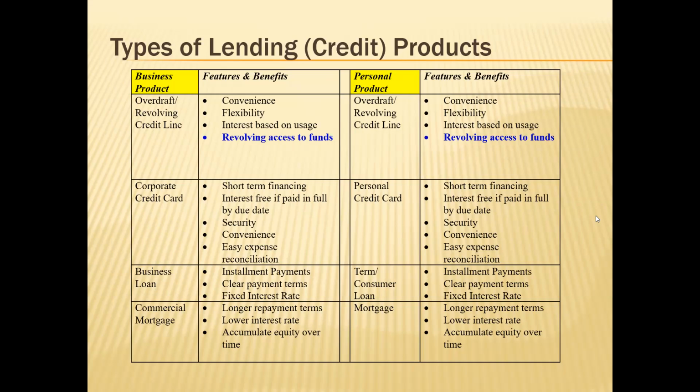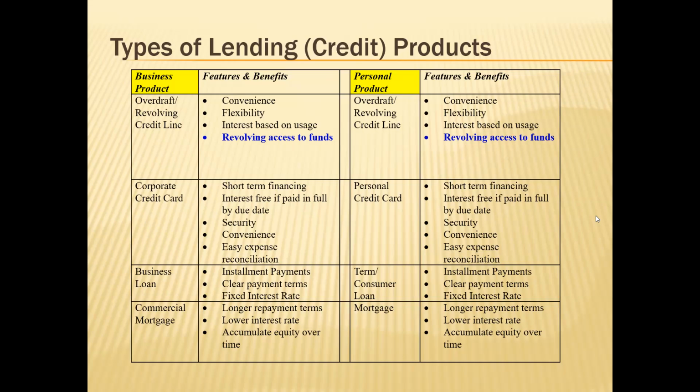And there's a fixed interest rate. So, you know, these are pretty much straightforward vanilla type credit facilities. So you have installment payments, clear payment terms, fixed interest rates. Okay, it's not revolving and up and down like your overdraft or your credit card.